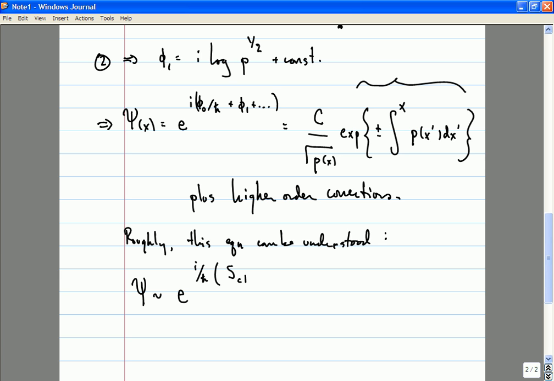So if you want to compare our intuition, our semiclassical result for the solutions to the time-dependent Schrodinger equation to the time-independent Schrodinger equation, you have to add in that factor of Et. So this is just a restatement of our earlier result that the semiclassical wave function is just the exponential of the classical action, just rewritten for solutions of the time-independent Schrodinger equation.